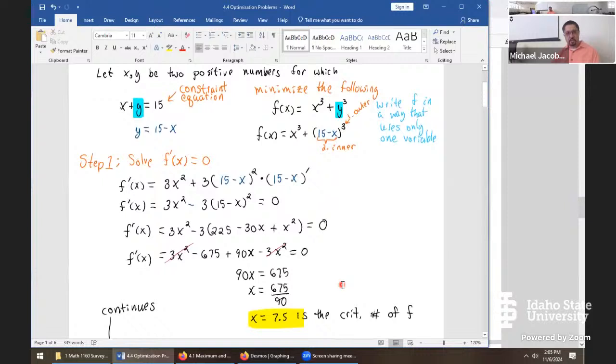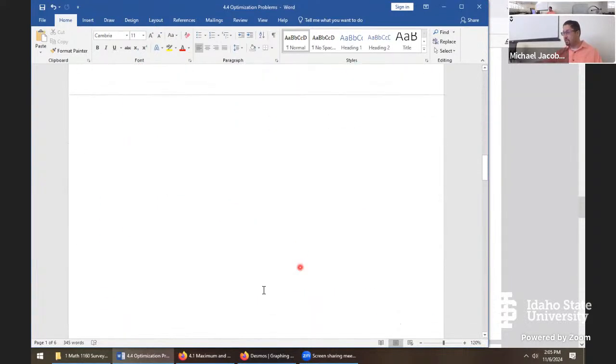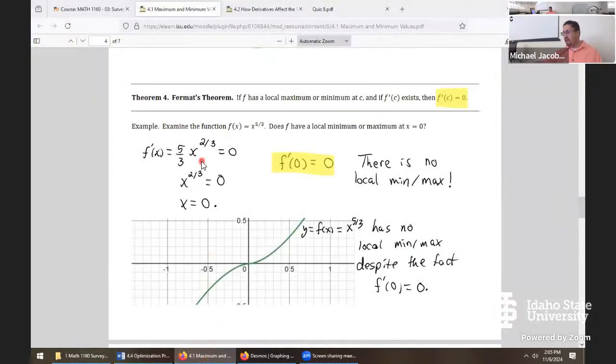So this is really tricky again, because once you get the critical number, a lot of times on quizzes or exams, people stop right at that step and say, we have a local min or a local maximum. But going back to this document, let's maybe put this on this page here. We had a function f of x equals x to the power 5/3.